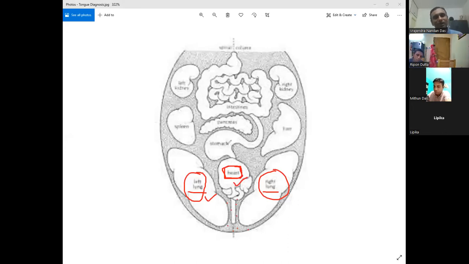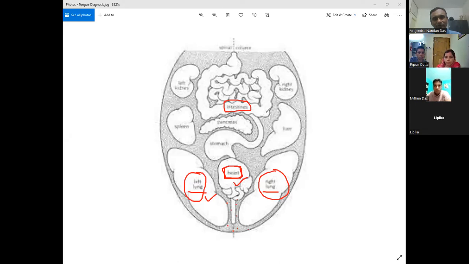Okay, so then on the center back side of the tongue, you are seeing the small intestine, large intestine, and then the stomach. Both the intestines are there.